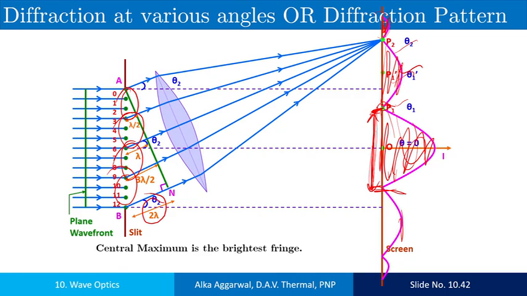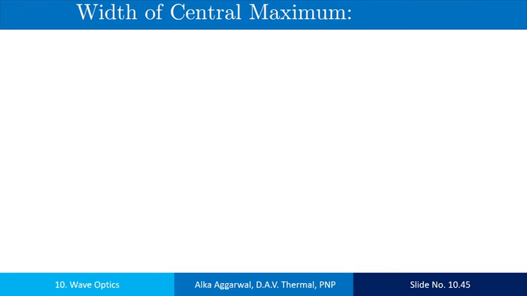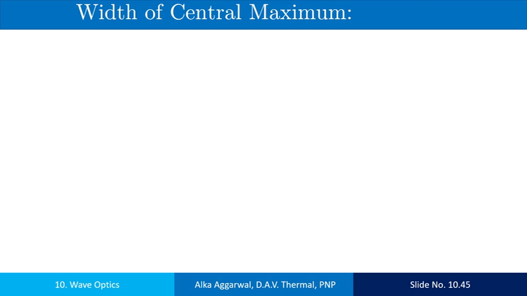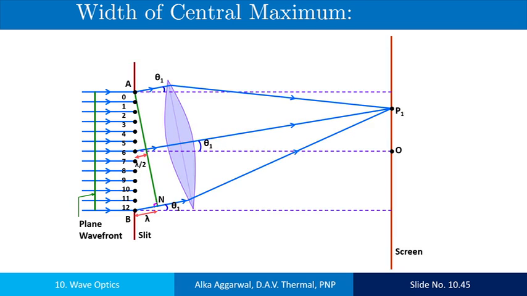Now let us see how to find out the width of the central maxima. To find the width of the central maxima, we take a magnified view of the slit and let the rays reach the point P1.